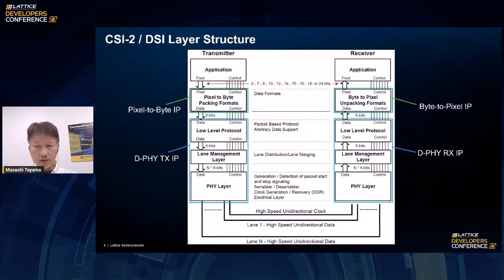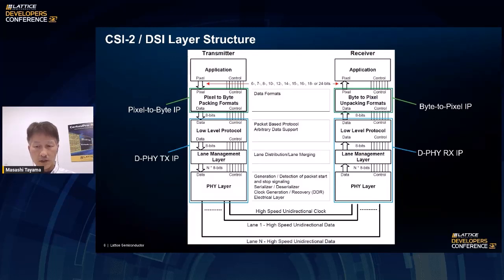This figure shows layer structure of CSI-2 and DSI. Left side is a transmitter, and the right side is a receiver. You can think of an image sensor as a transmitter and FPGA as a receiver, for example. MIPI uses byte data as a basis unit to process the image data, so captured image data is reformatted from pixel data to byte data with clock domain conversion.